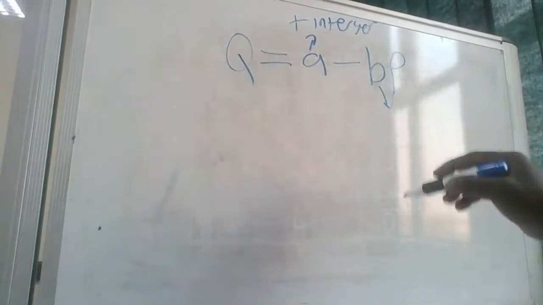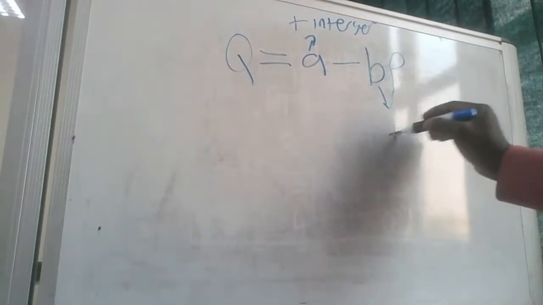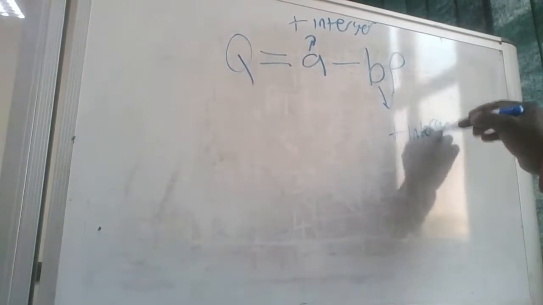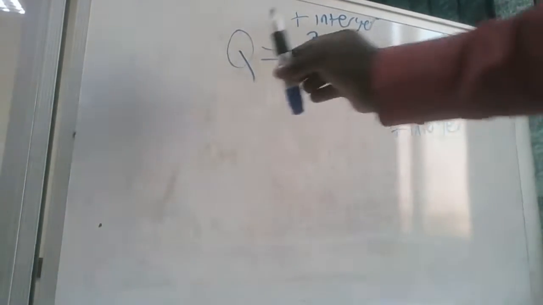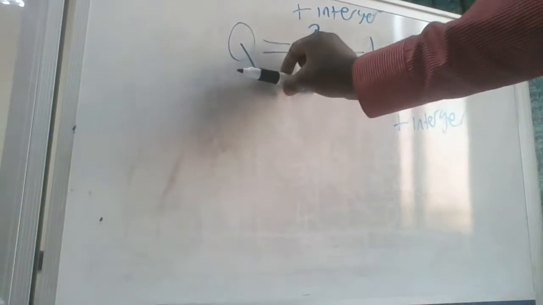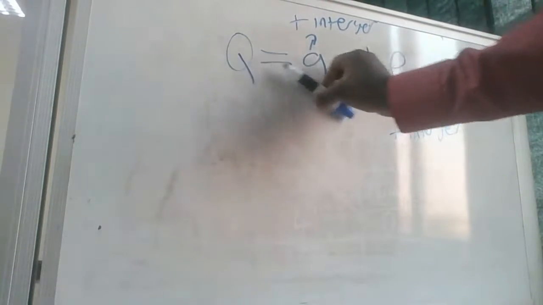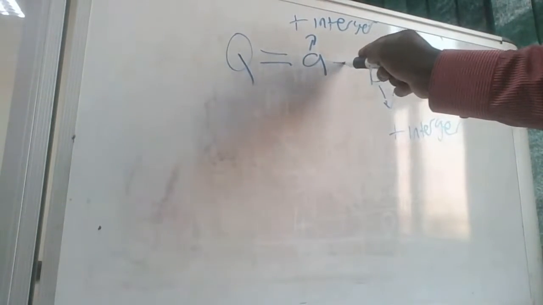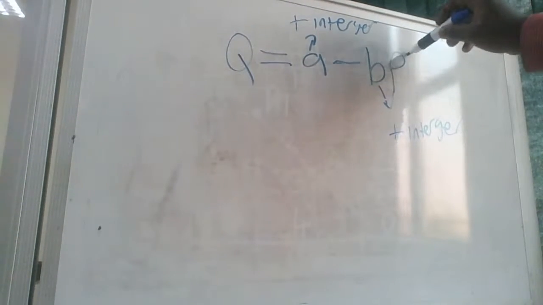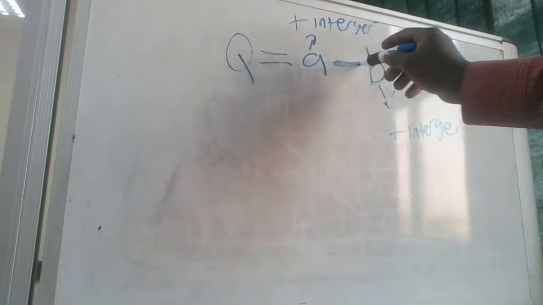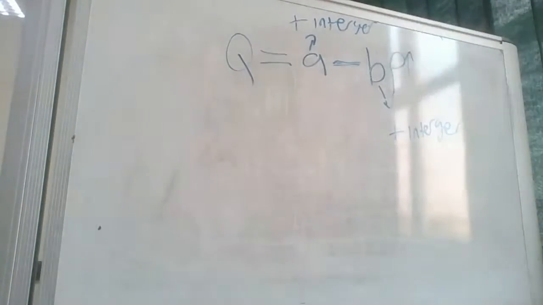B is also a positive integer. So if A and B are positive integers, then the demand function will be displayed using Q equal to A minus BP. And this negative here is an indication of the negative relationship that exists between price and the quantity demanded. If you increase the price, given this negative relationship, the quantity demanded will reduce.